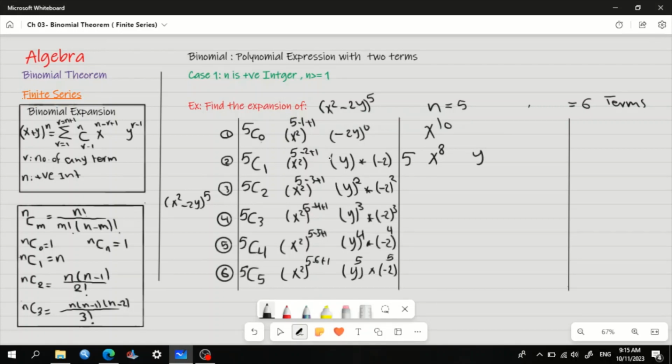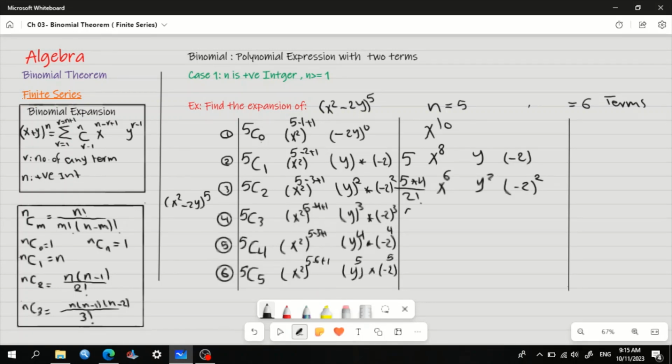Here we have y negative 2. Here 5 combination 2, so 5 into 4 by factor of 2. Here we have x squared power 3, so x of power 6, y squared and negative 2 squared.